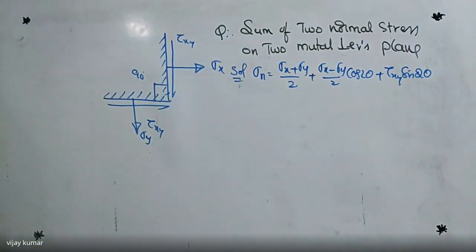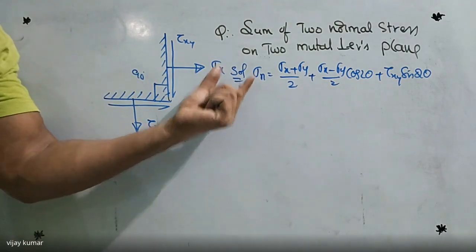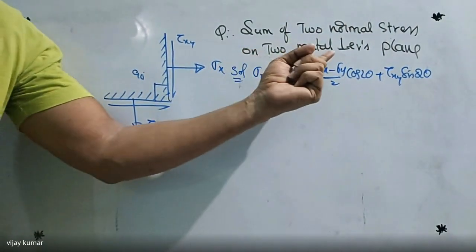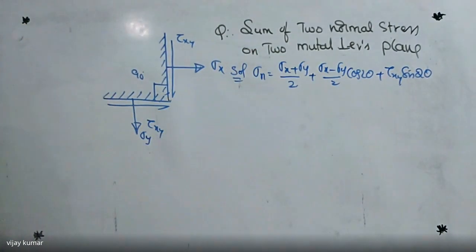So this is the formula of normal stress on any plane when the component is subjected to biaxial and shear. All of you know very well. Did you get my point or not?